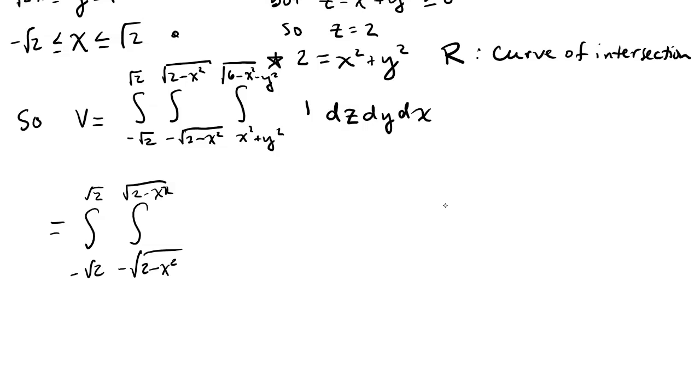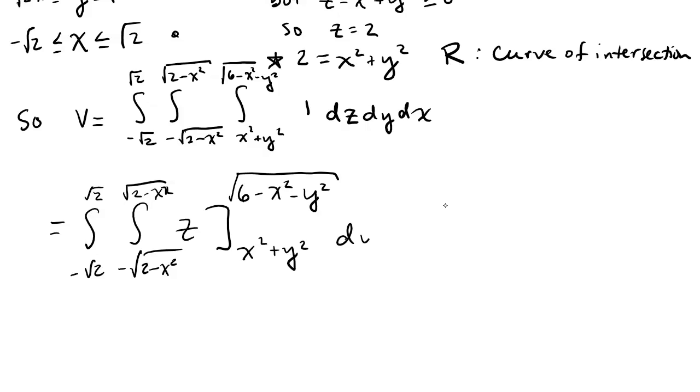And then z evaluated from x squared plus y squared to square root of 6 minus x squared minus y squared. And then we've got dy dx.